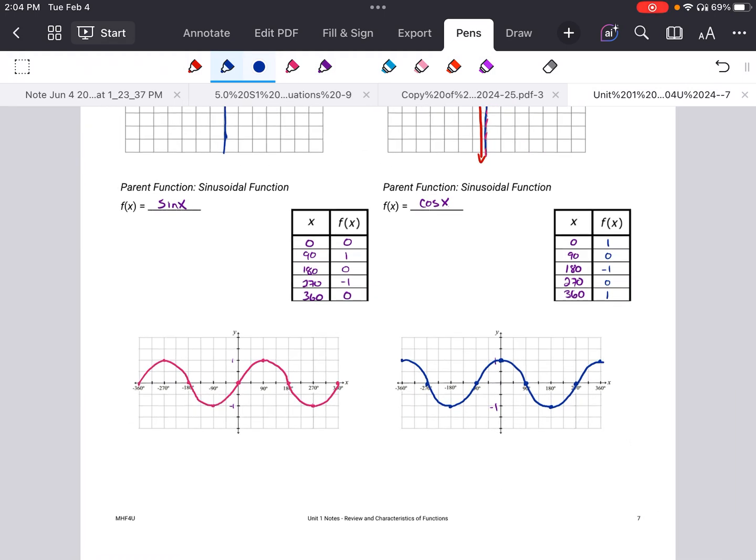Okay, there we go. Those are the parent functions. That's a quick review of grade 11.